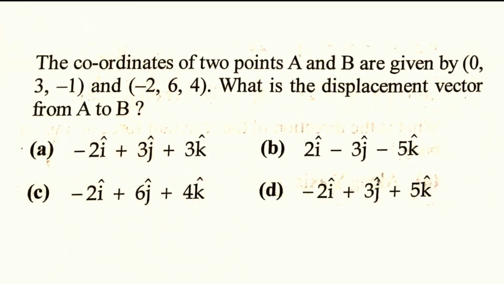We have solved such type of question before. What you have to do is use triangle law to find out vector AB. You find vector OA, vector OB, and from that you find out vector AB. We have done such type of question before.